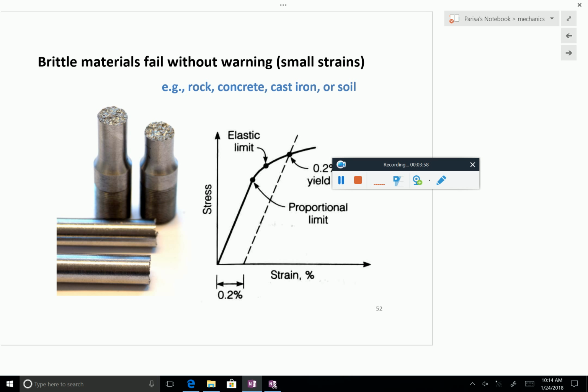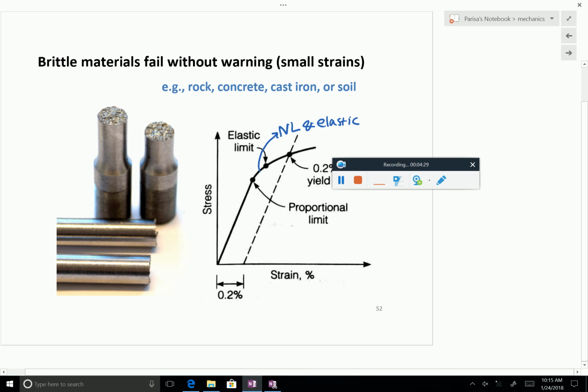We have no warning, no extra deformation, etc. Now, in such situations, proportionality limit is up to the point where stress-strain is linear. Then you have elastic limit in some materials. Here, this portion is nonlinear, but still elastic. And I hope we all know the difference between the two.